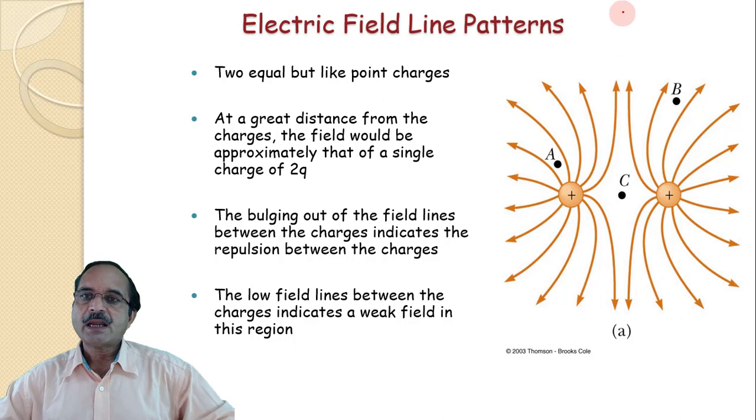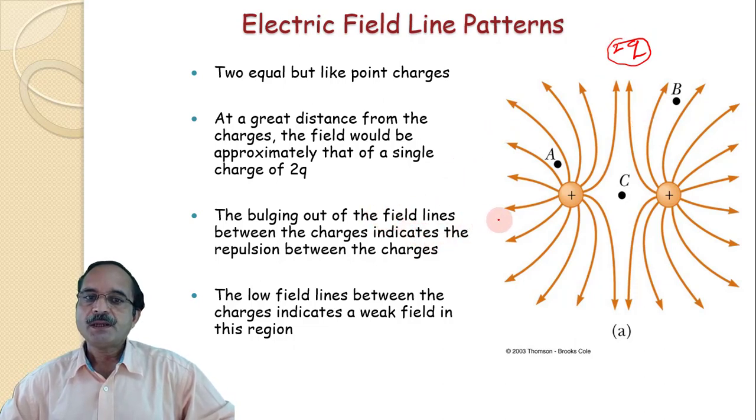So at a large distance, the number of lines would be approximately that of a single charge, as if this is a single charge of 2Q. If the test charge is kept at a large distance, then the test charge will feel that this is a combined charge of 2Q.